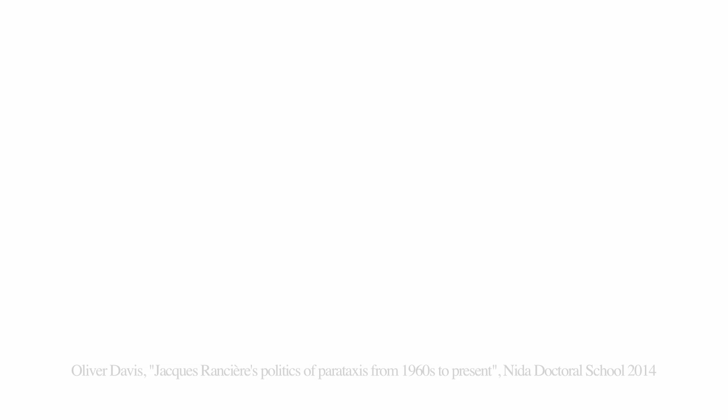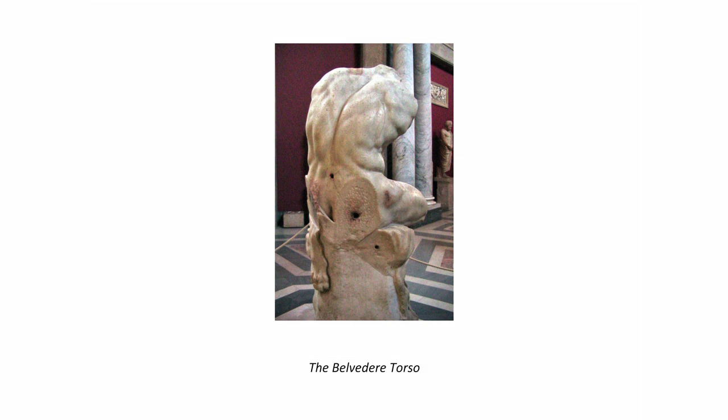Rancière's major book on aesthetics, the kind of summation book, Aesthesis from 2011, contains 14 scenes, 14 chapters from what he calls the aesthetic regime of art. So the regime of art which arose at the end of the 18th century from the collapse of the neo-Aristotelian representational paradigm. This collapse is most vividly expressed in the subject of the first scene, which is Winckelmann's, the German aesthetician's, appreciation of a Greek statue of the torso of Hercules, the Belvedere torso.